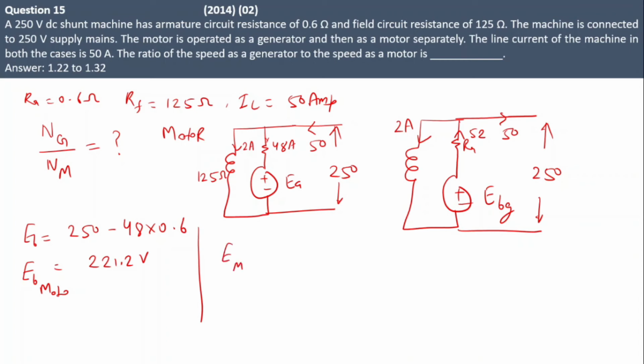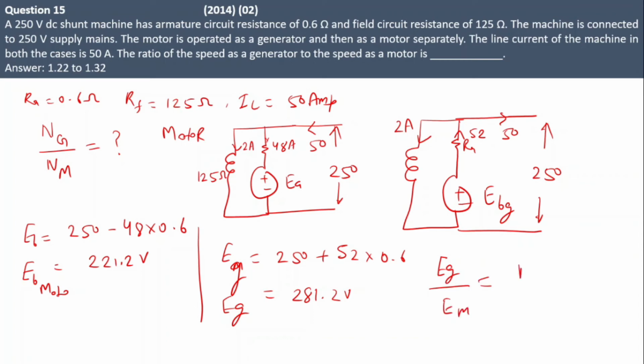So the back EMF as a generator is 250 plus Ia, 52 into 0.6. So you will get 281.2. Simple. Now you know Eg by Em equal to Ng by Nm. Directly you will get 1.22 as the answer. Okay.